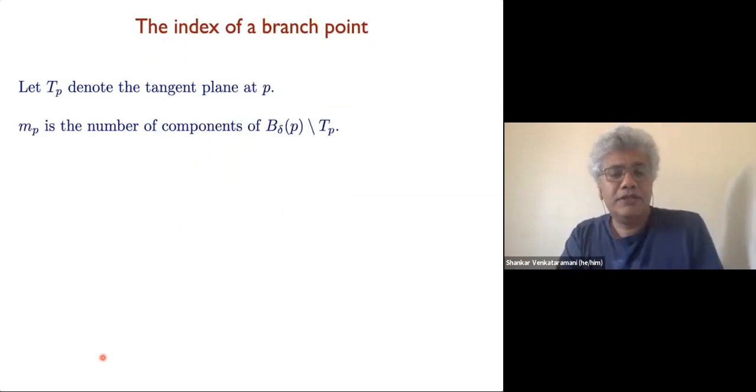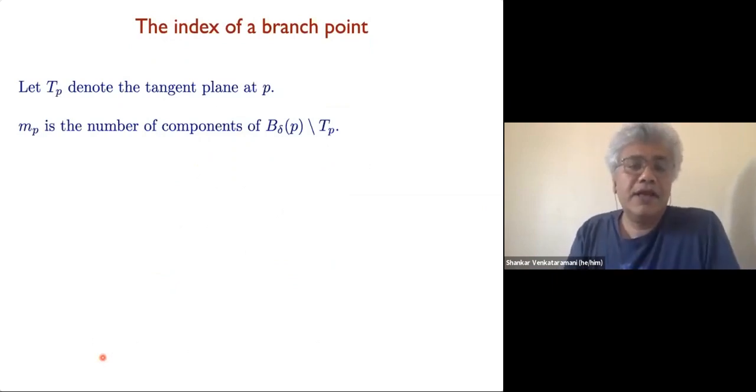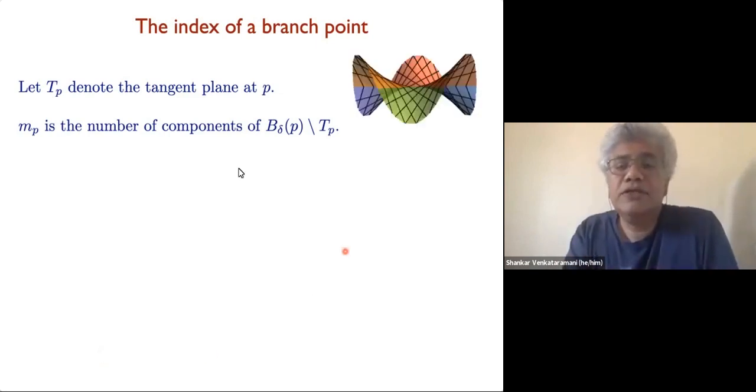So how do we use this notion for the kinds of surfaces that we just developed? You take a point P, say this central point, immersed in R3. T_P is the tangent plane at P, also an object in R3.